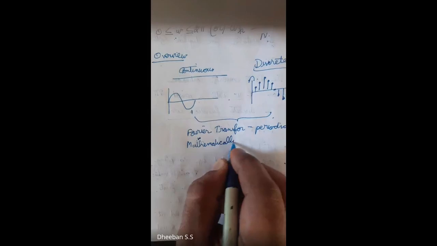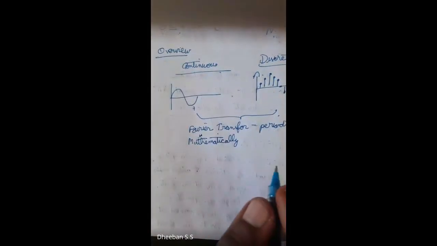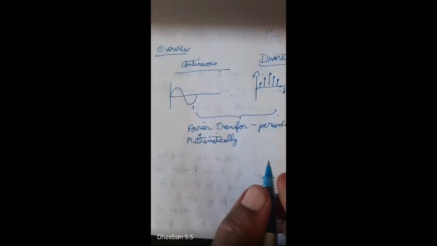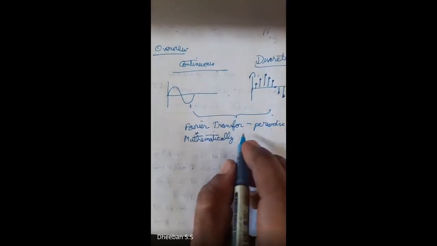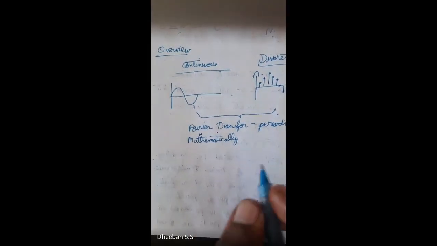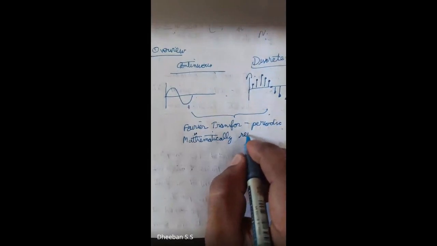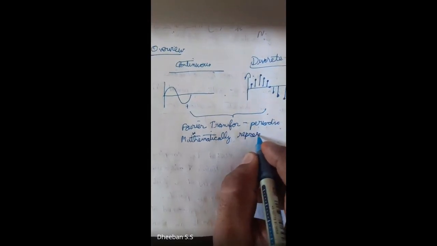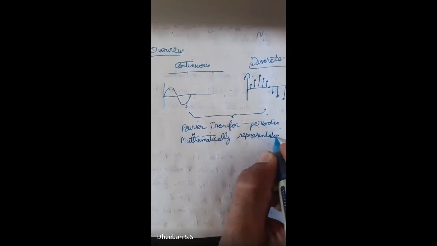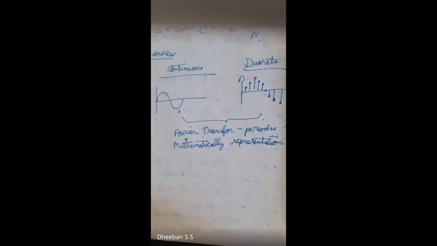So I'll be dealing with very basic concepts so that you can easily understand. In general, in the first class itself I said everything around us you can represent in terms of mathematical modeling.